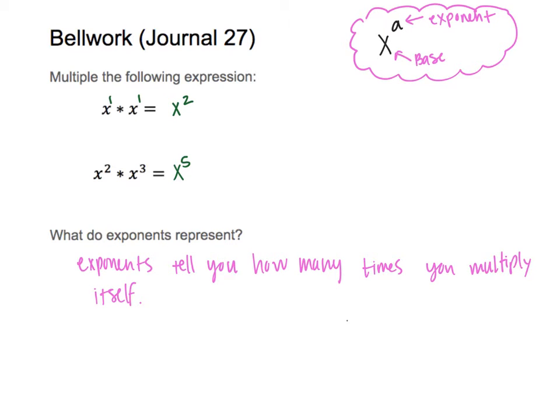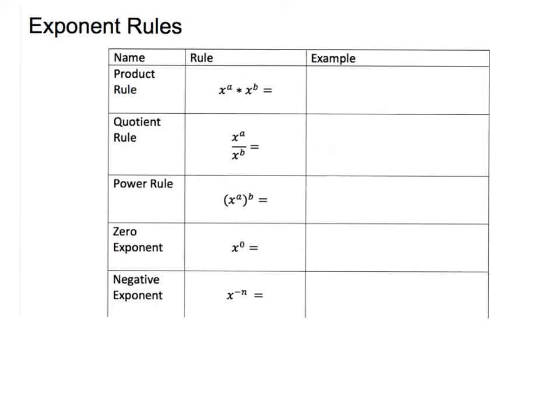All right, now that we've talked a little bit about exponents, let's look at the exponent properties or rules that we apply to exponents. There are 5 rules I'm going to be teaching you today. You've already noticed one of them. It's the product rule. When you multiply two things that have the same base, you add the exponents. That's what we call the product rule. So here I have the x's, and when we multiply two things that have the same base, we add the exponents.